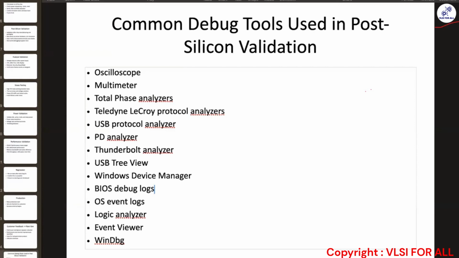Based on that you connect the analyzer to those particular headers. Then you run your software on your system which you are using, and then you try to see how that particular signal is behaving. Okay. And that's how you will be able to understand whether it is behaving properly or not.